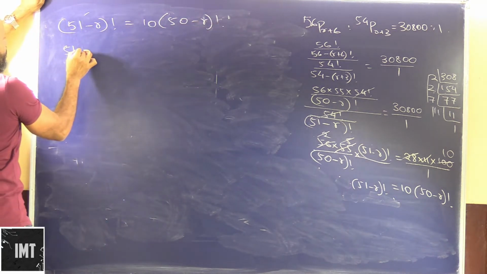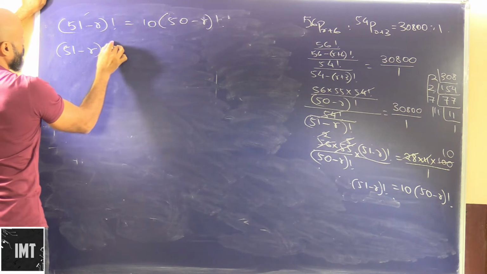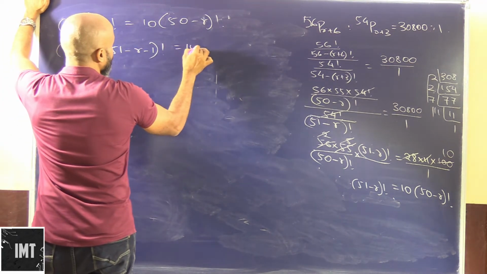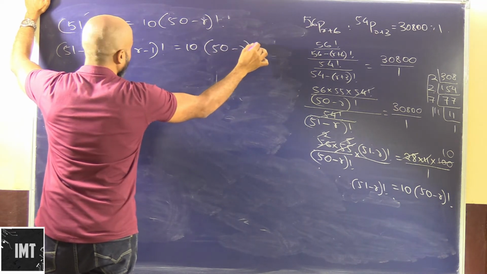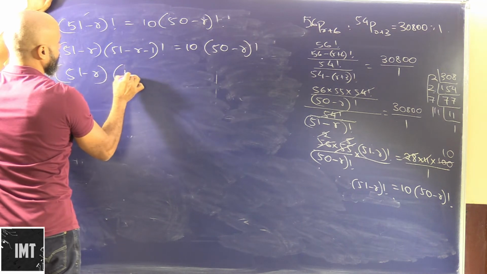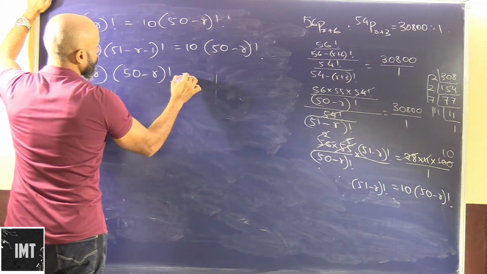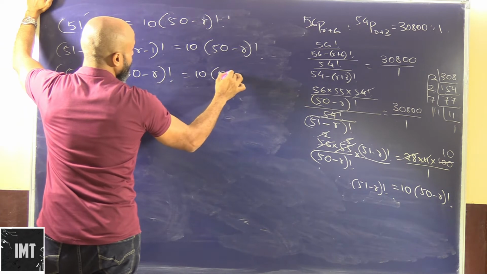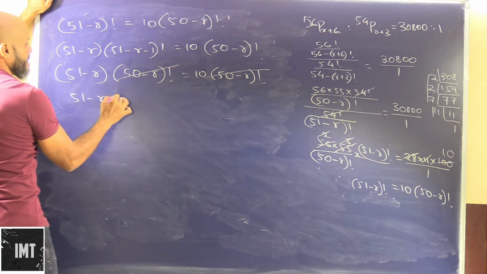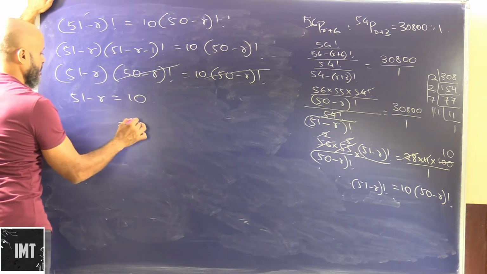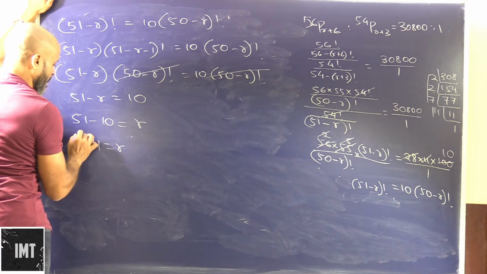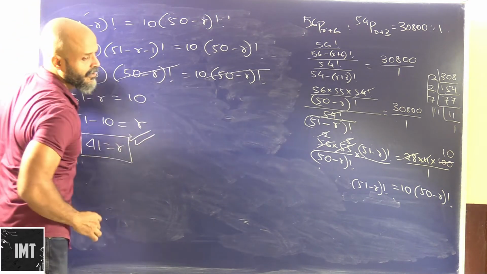This can be written as 51 minus r into 51 minus r minus 1 factorial, that is 50 minus r factorial, is equal to 10 into 50 minus r factorial. So this gets cancelled. 51 minus r is equal to 10, or r is equal to 51 minus 10, that is 41. So the value of r here will be 41.